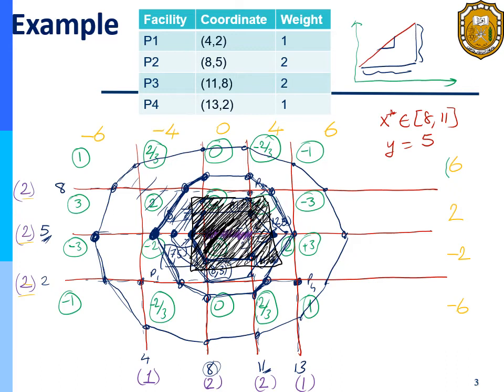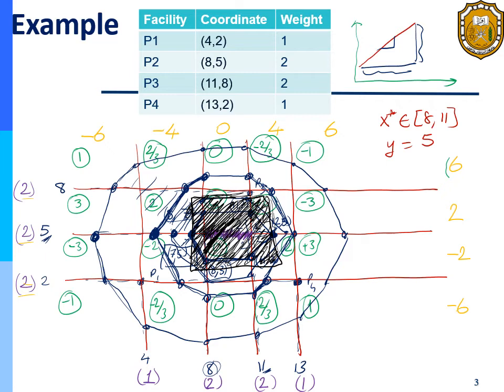So you will locate your facility at the coordinate on the border of this restricted area which intersects with one of the contour lines, the innermost possible contour line. Okay?